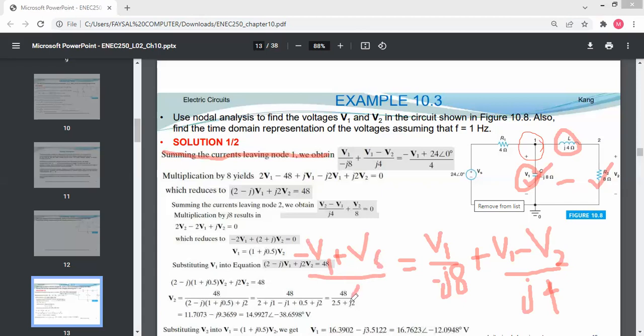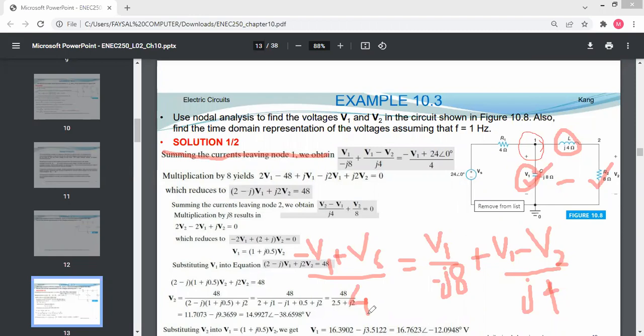Now I have to put in the value of Vs. The Vs value given is 24 with the angle of 0 degree.